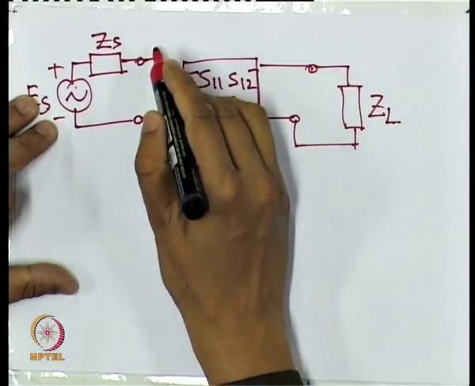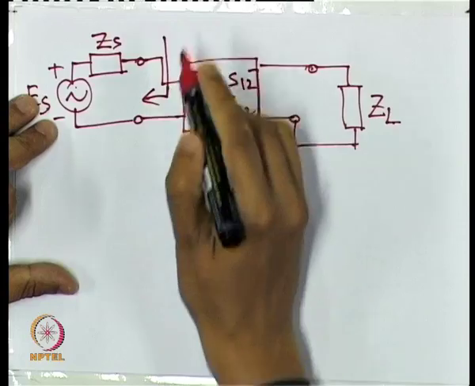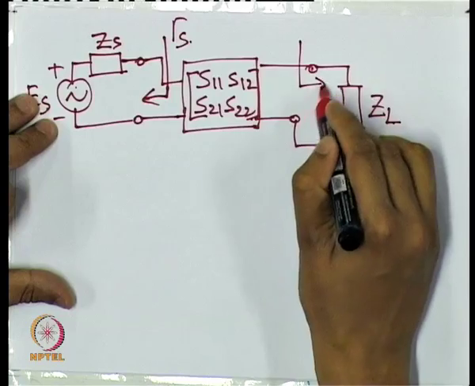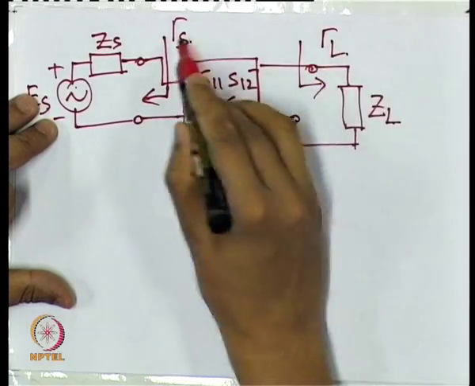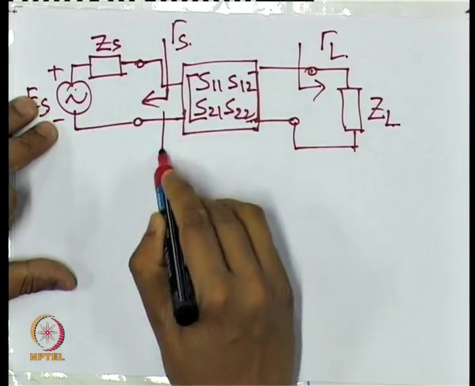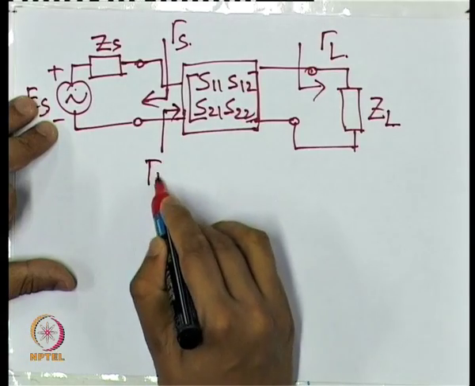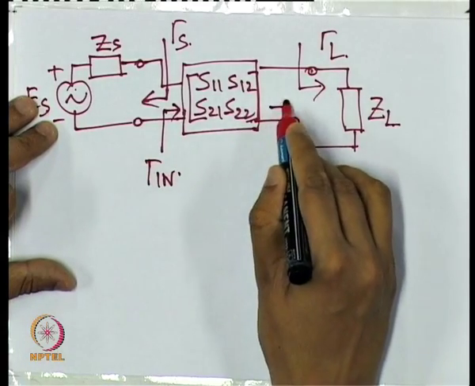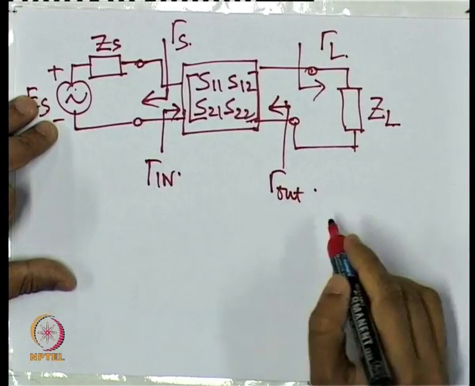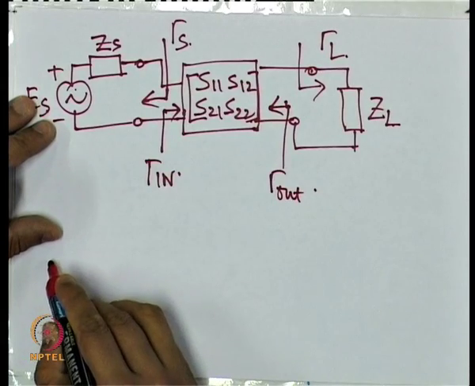And as I said earlier, the reflection coefficients of the source and the load are given by gamma S and gamma L respectively, and the input reflection coefficient and the output reflection coefficient of the amplifier are given by gamma in and gamma out.